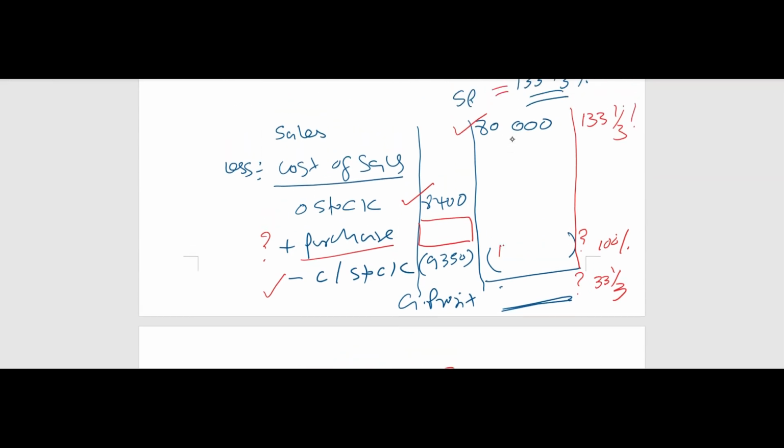So cost of sales will be 60,000, and therefore your profit will be 20,000.